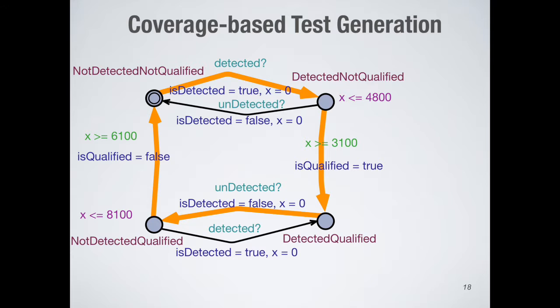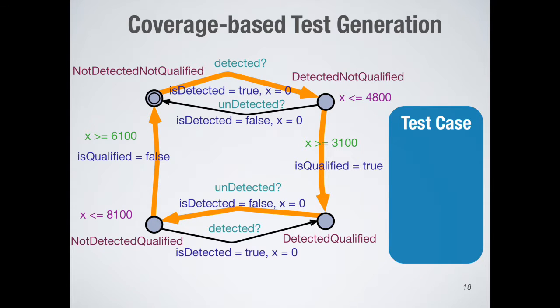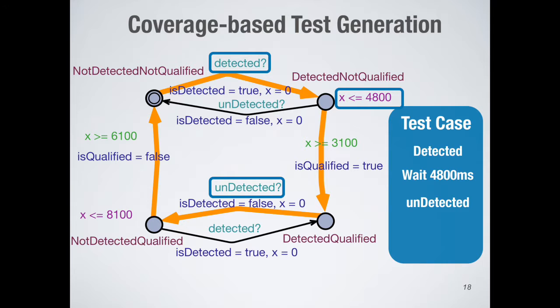To test this path, we need a test case that first generates a detected event, then waits for 4800 milliseconds, then triggers an anti-detection event, and then waits for 81 to 100 milliseconds.